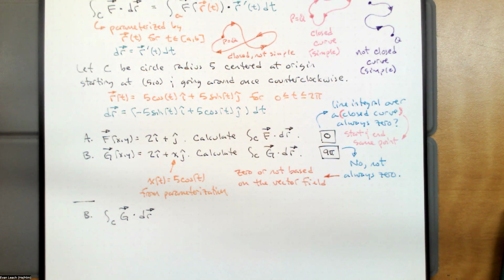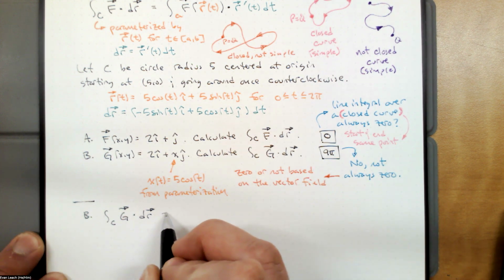So the vector field that we're integrating is 2i plus xj. X we're going to get from the parameterization. Remember, what we're doing is we take the vector field and evaluate it at all the points on the curve. On this curve, x is 5 cosine of t.